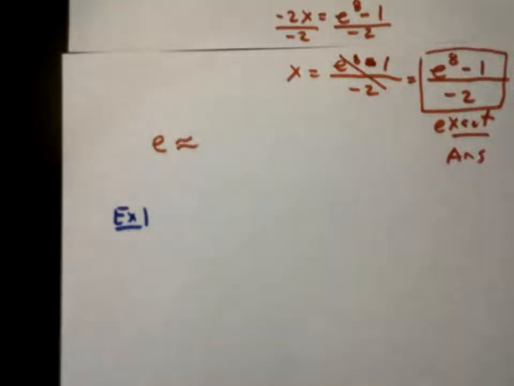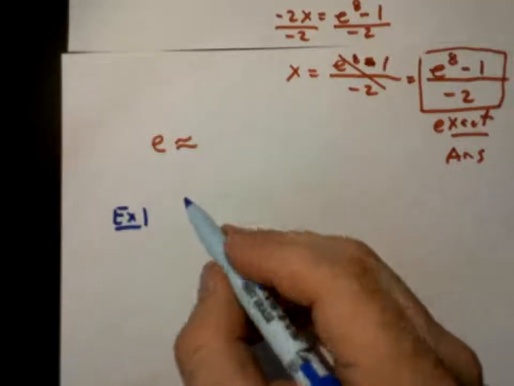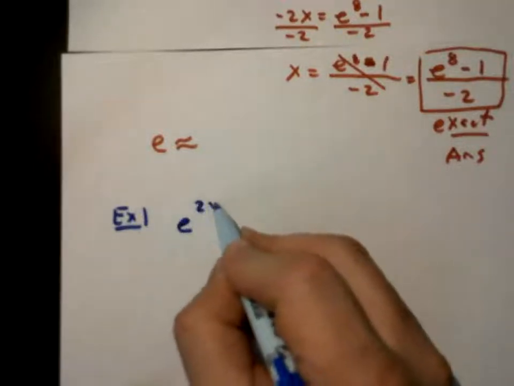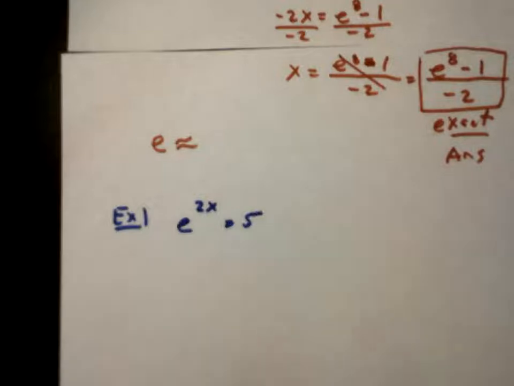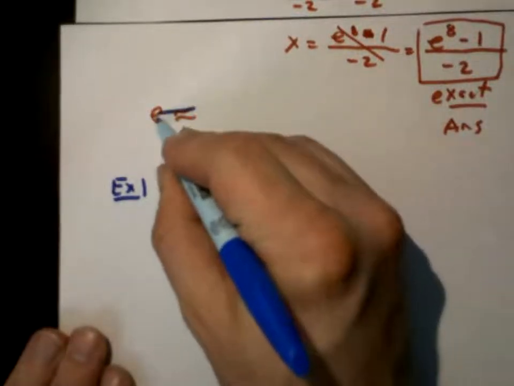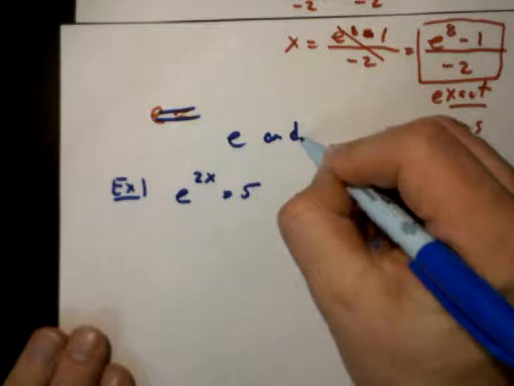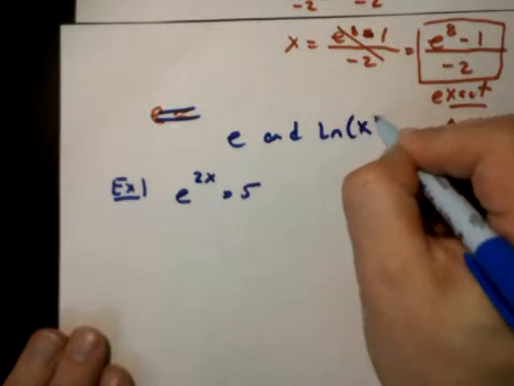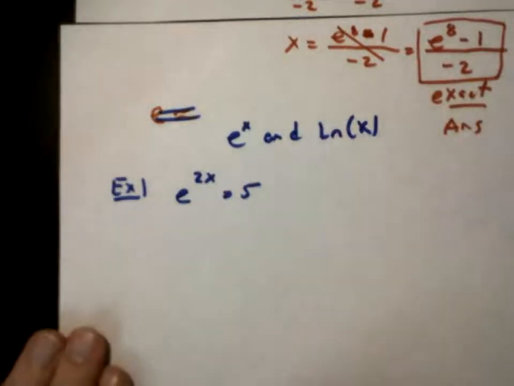But here we go. Let's do e to the 2x equals 5. Now remember these a little bit. So e and natural logs, remember e and ln of x are inverses of each other.